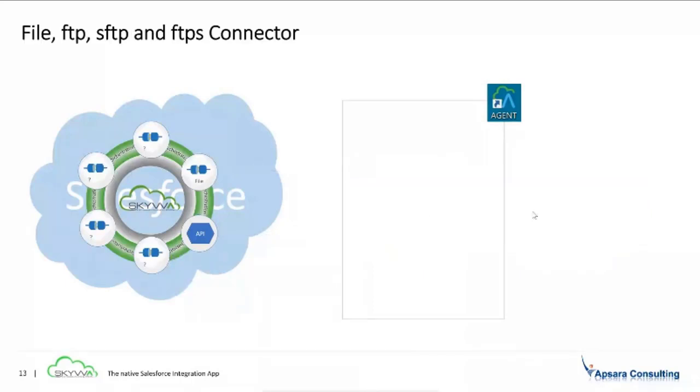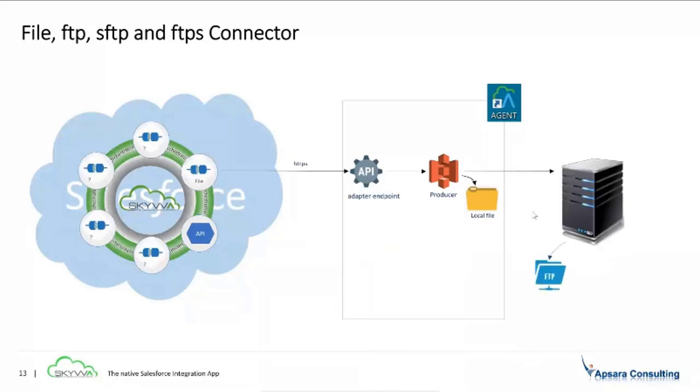So let us go to the next connector, which is the file connector, or FTP, SFTP, or FTPS. Here we have the same flow: we are sending data from Salesforce, and we put this data into a file. It can be a local file if you are using the file protocol.